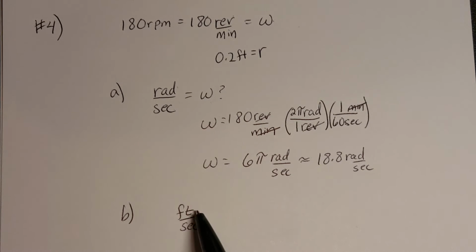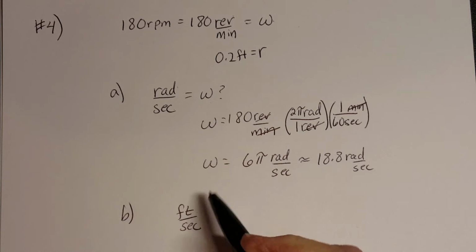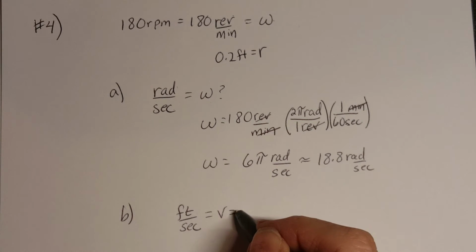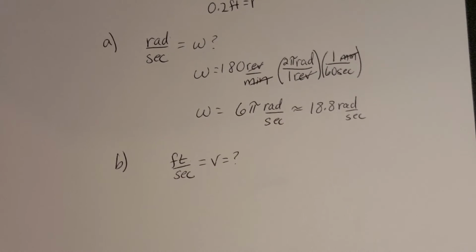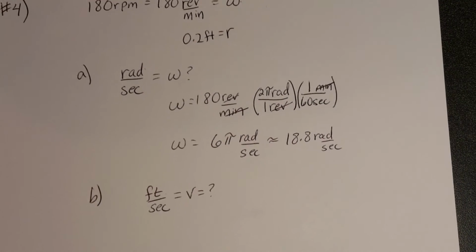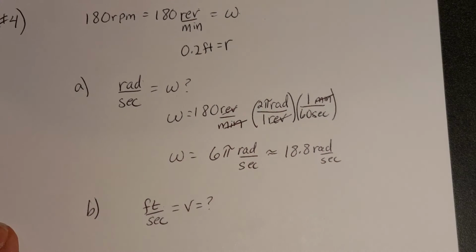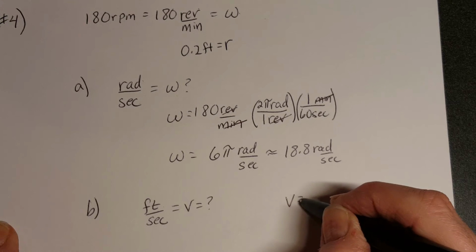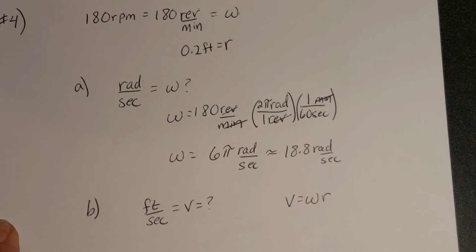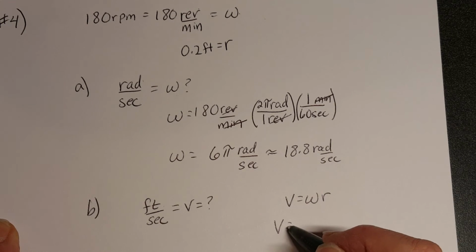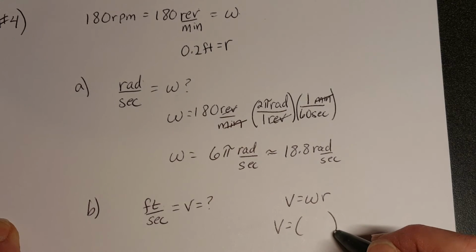Well, look at the units, linear over time. So that's a measure of V. We know omega, we know R, so there's an equation for V. V equals omega R. So the linear velocity is going to equal, well, which omega?